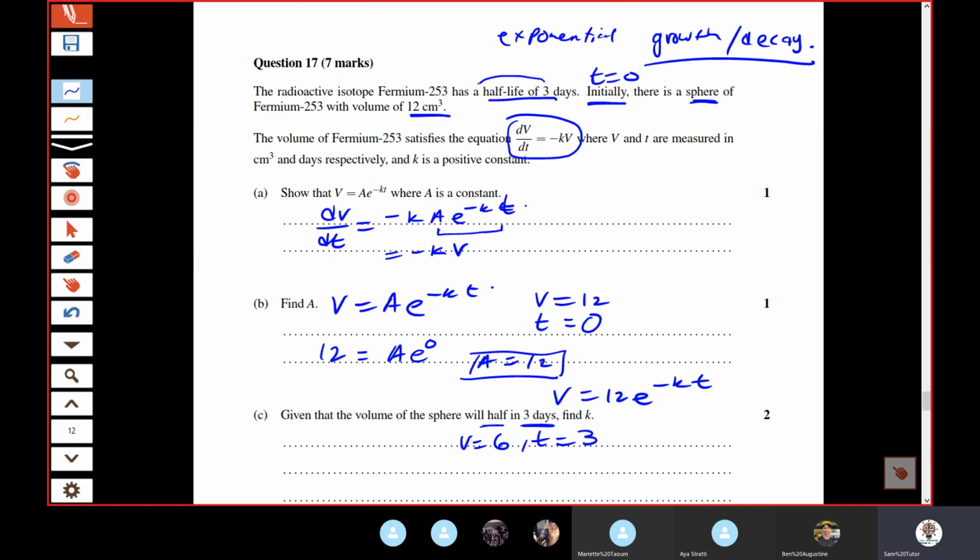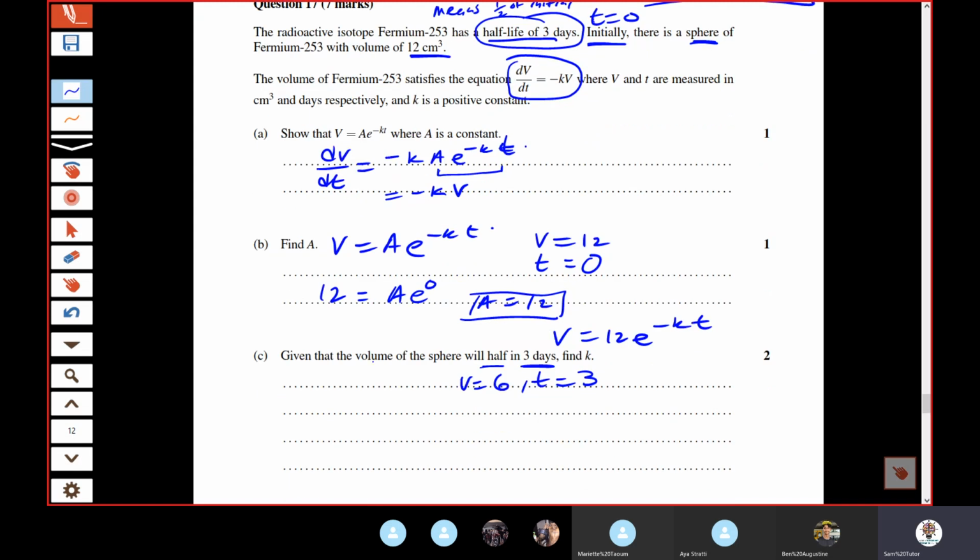You guys just want to maybe remember that. Half-life means half of initial. Okay, half of the life. So whatever it started, it got to half of its life is the idea. So half of initial.